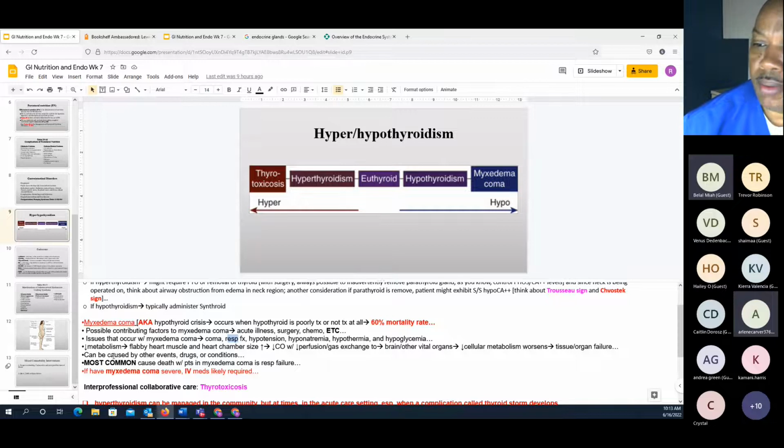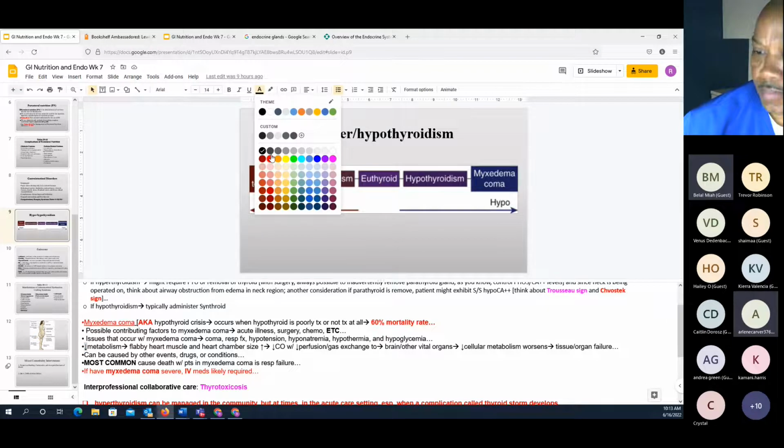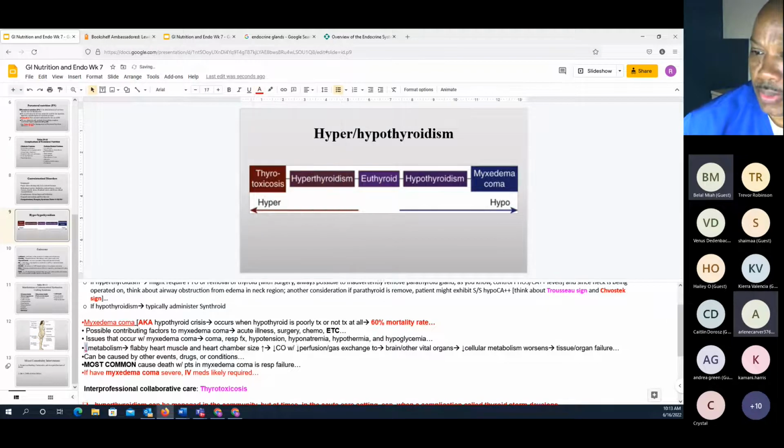Now, because the metabolism is very slow, it means that, for example, cardiac-wise, the heart is not really working normally like it should, right? Because the metabolism is working very slow, what that leads to is a heart muscle that becomes very flabby, right?